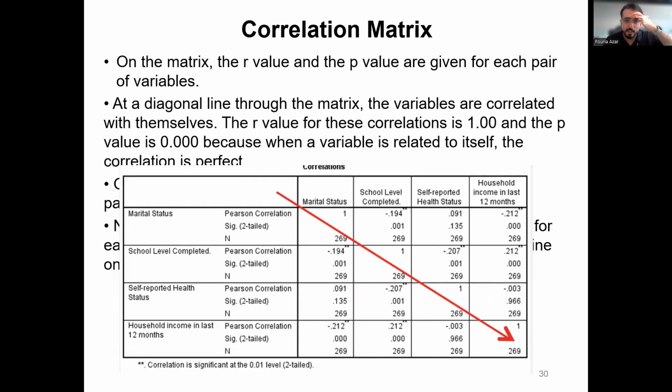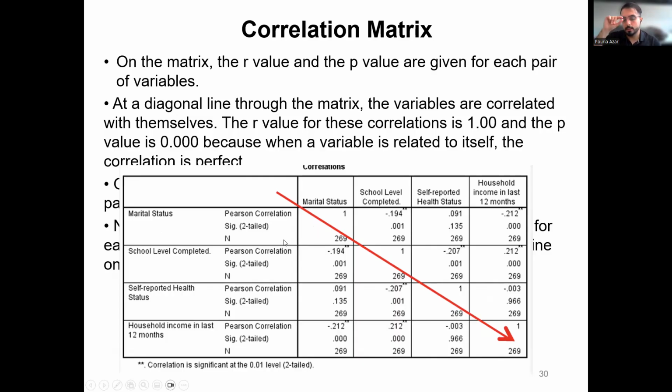So that's why if you look at the diagonal line, we have 1, 1, 1, 1, because we are looking at the correlation between a variable and itself. Of course, there is a perfect correlation. So that's the APA format correlation matrix. And we can see this in different articles.